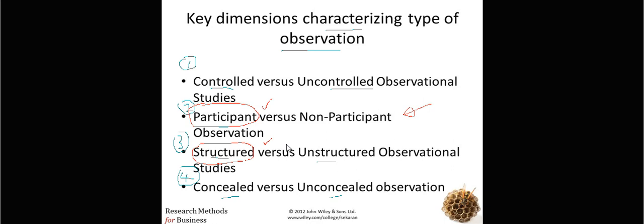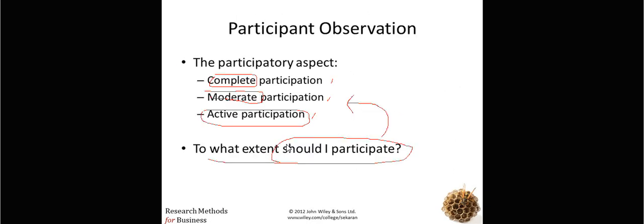Slide number 7. So kita recommended almost 2 particular, that means participant and structure. Ini yang most requirement for observation. We see the structured one.